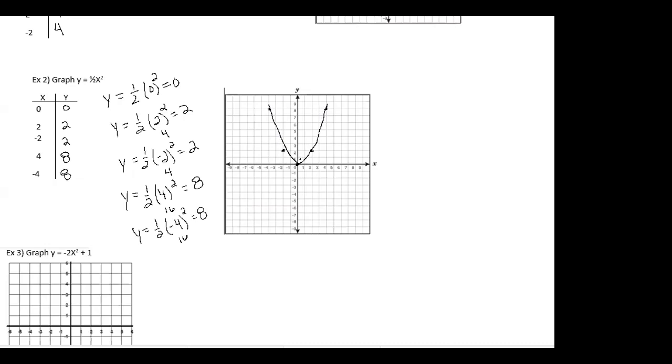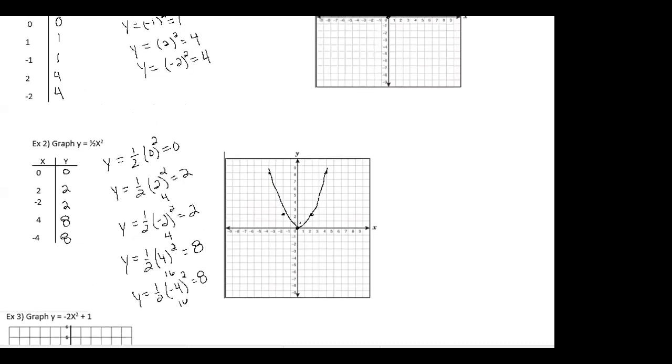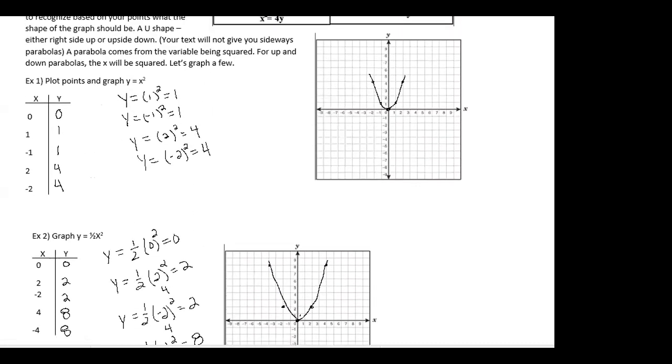And let's just look at what it looks like versus the one up above. So if we were to keep going on this one, 3 would be 9. This one that was y equals x squared is skinnier compared to this one down here that's y equals 1/2 x squared.